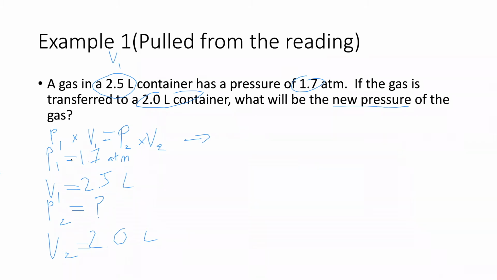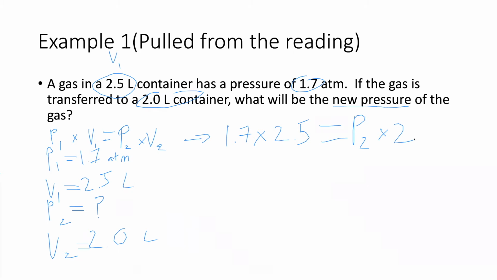P1 is 1.7, multiplied by 2.5, is set equal to P2, which we don't know and will be our unknown, multiplied by V2, which is simply 2.